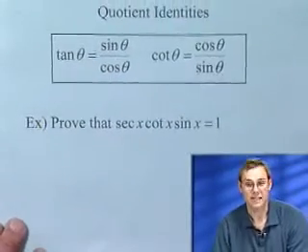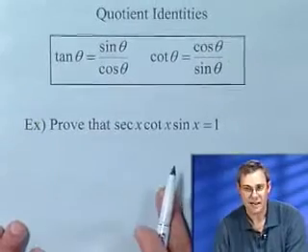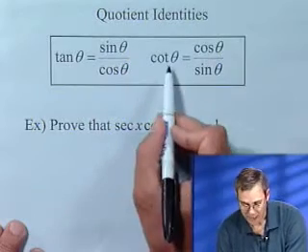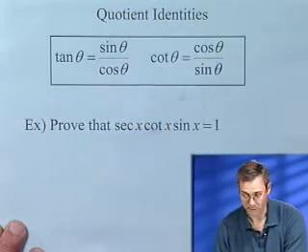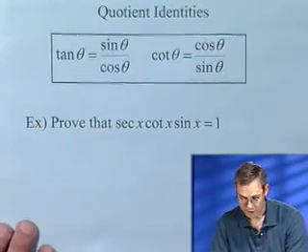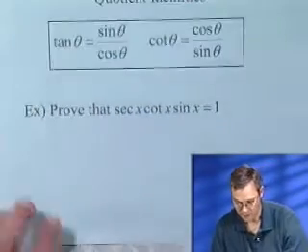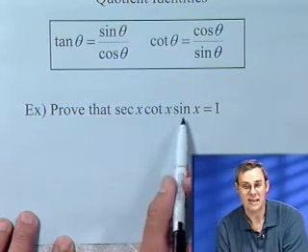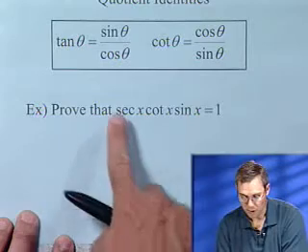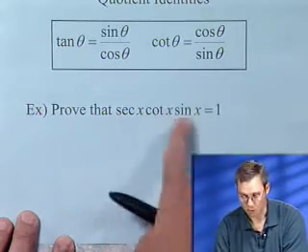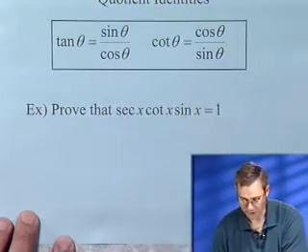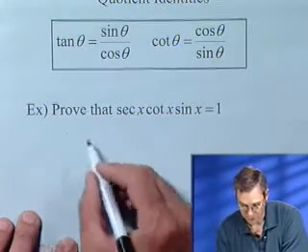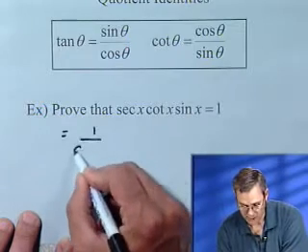We'll call these the quotient identities. Tangent of theta is equal to sine theta over cosine theta. And cotangent theta is equal to cosine over sine. All right, let's do the same thing we did last time. I want to prove that secant x times cotangent x times sine x is equal to 1. So we'll take the left-hand side, rewrite it the best we can, and see if we can get it to equal 1. Remember, secant is equal to 1 over cosine.